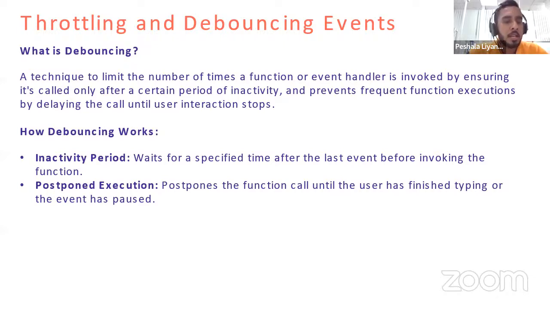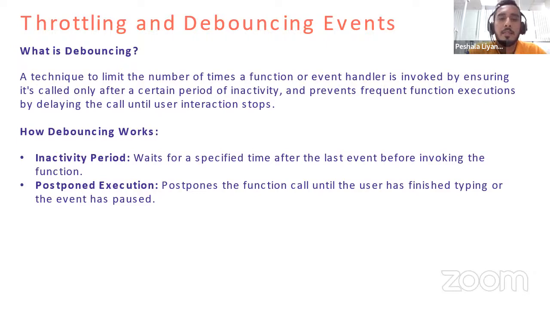Debounce part. I don't have an example code for you, but I'll tell you what the use cases for this are. Basically, the difference between throttling and debounce is that debounce waits a specific amount of time after the last event happened.